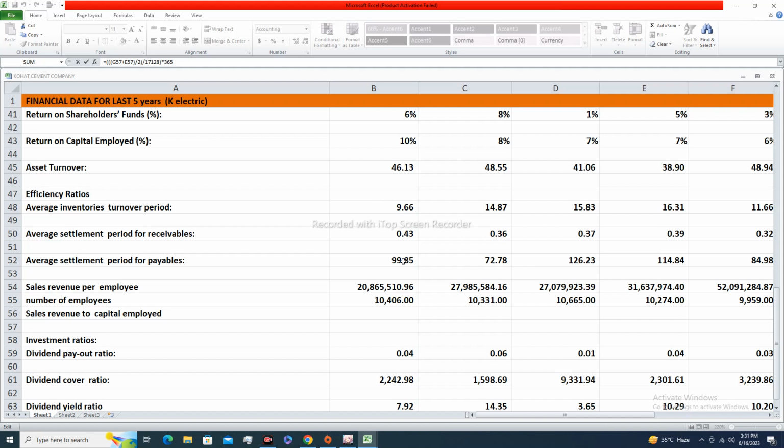In this you can see the formula that is being used. We are finding it by adding the 2 years, dividing by 2, then dividing by revenue and multiplying by 365, which represents a year.